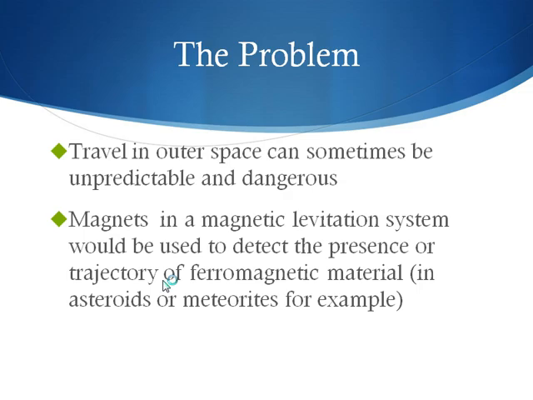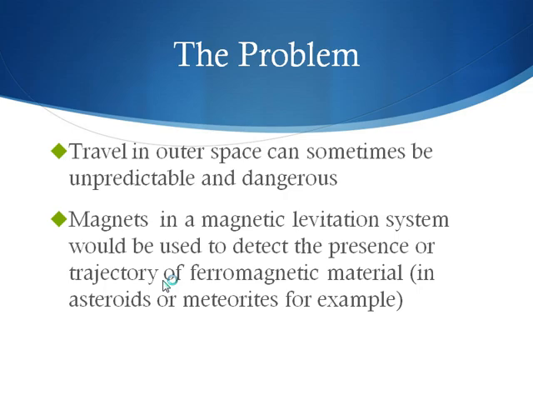So I looked at outer space, like travel in outer space, and so this is not really this problem. Just say right now it may not be possible in the next few years. It's just an idea I had with maglev, a new idea.